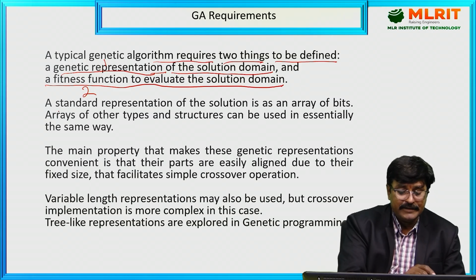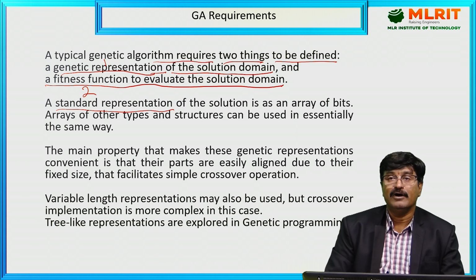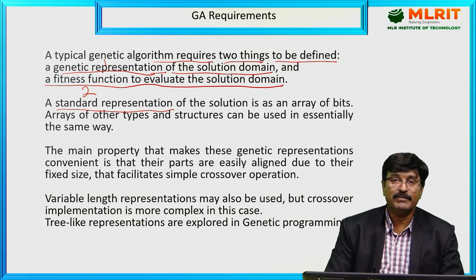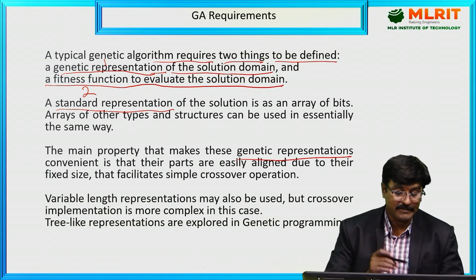A standard representation of the solution is an array of bits. Arrays of other types and structures can be used in essentially the same way. The main property that makes these genetic representations convenient is that their parts are easily aligned due to their fixed size, which facilitates simple crossover operations, or reproduction operations.